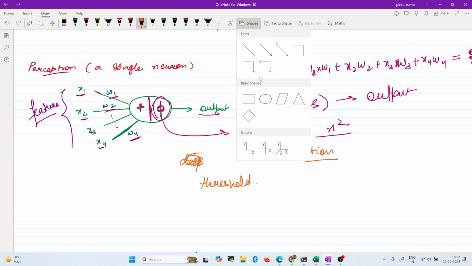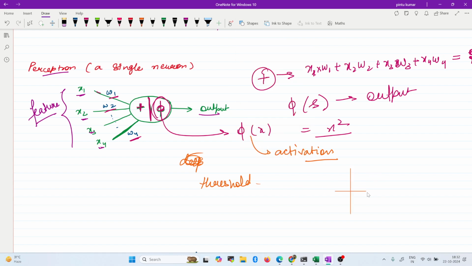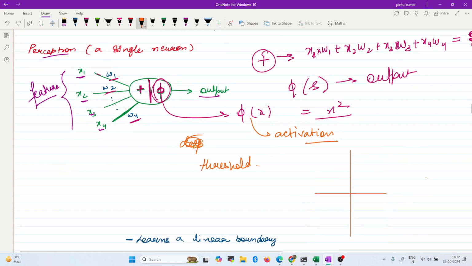Its graph looked something like this. So what is phi of x? Phi of x was actually a nonlinear activation function. If your x is greater than 0, then it takes value 1. If it is less than 0, it takes value 0.